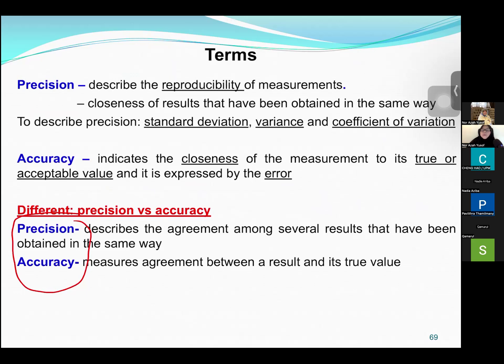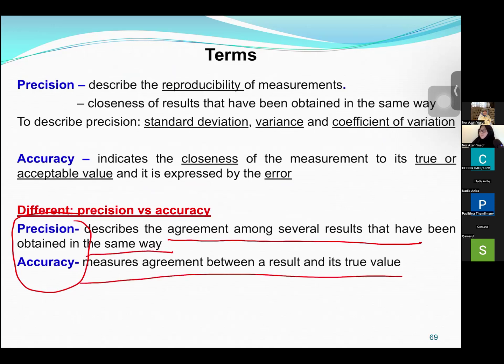If you have a very reproducible method, you do the repetitive measurement correctly, you should be able to get precision. It means that the data, I will show you an example later, should be close to each other. So the agreement obtained should be very close to each other.